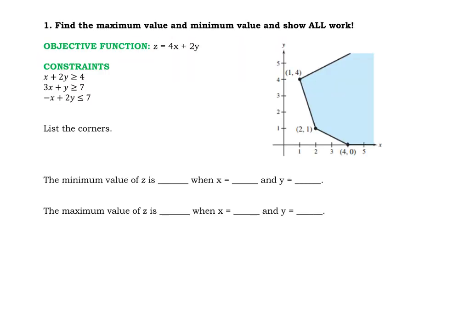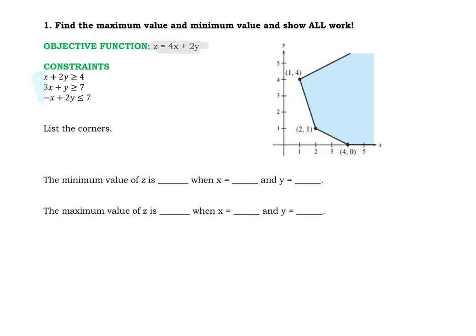Okay, here's an example of one that is given to us, so all we really have to do is do the bottom part. But here we have the objective function, z is equal to 4x plus 2y. The constraints, which have already been graphed for us, are written here, and of course we would rewrite these into slope-intercept form to get them graphed, and then list the corners.